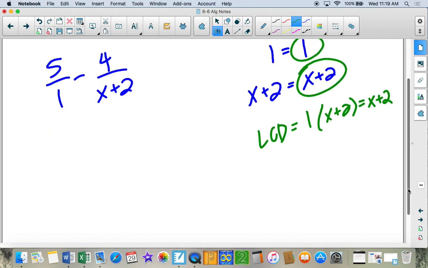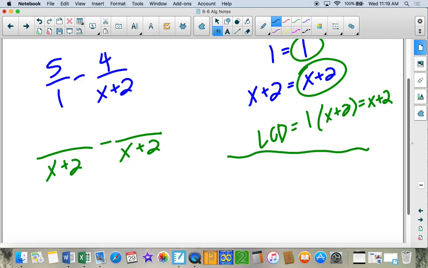So a common denominator, x plus 2. We want to find equivalent fractions. My equivalent fraction, 5 over 1 equals what over x plus 2? 1 times what gives me x plus 2? Well, x plus 2.